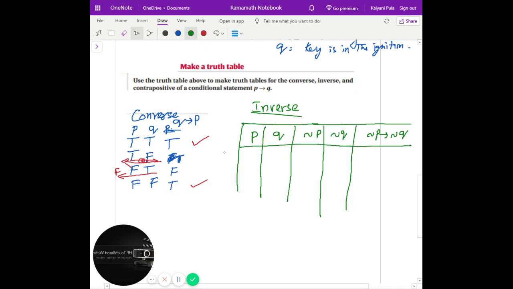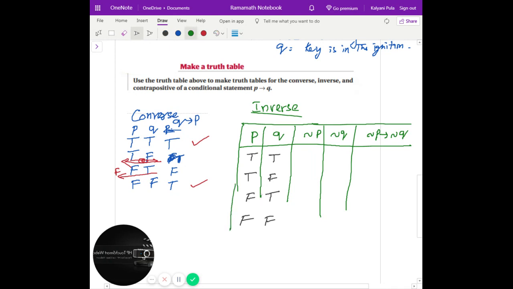Okay, so the first one is true, and then we're going to have true, and the next one is true, false, and false, true, and then false, false. Okay. So those are probably the truth tables for that.